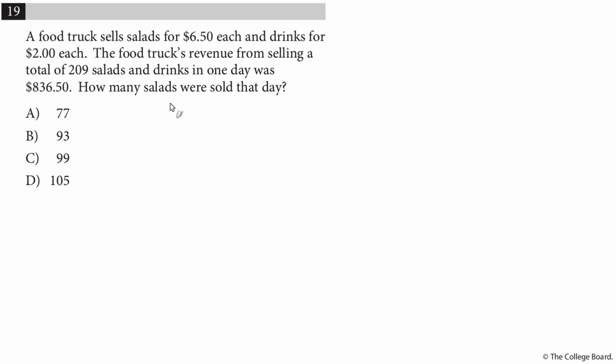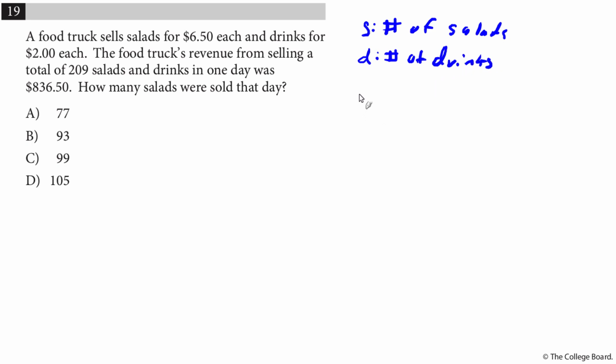So this is sort of a textbook system of equations problem. So let's use these variables. So let me define the variables. Let's see, we have salads and drinks. So I will have S be the number of salads sold, and D be the number of drinks sold.